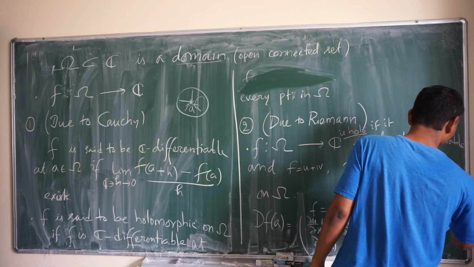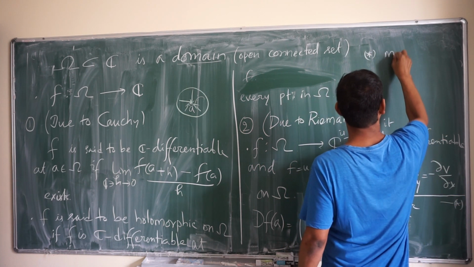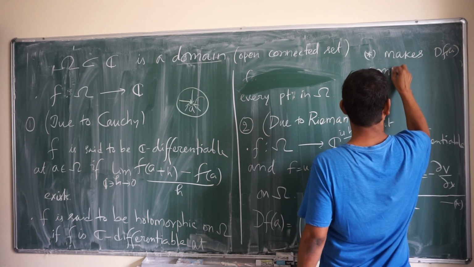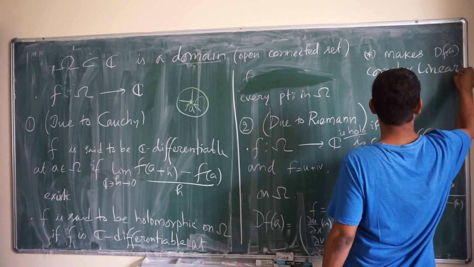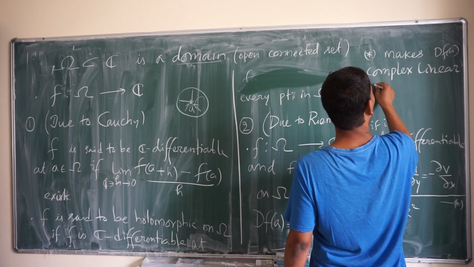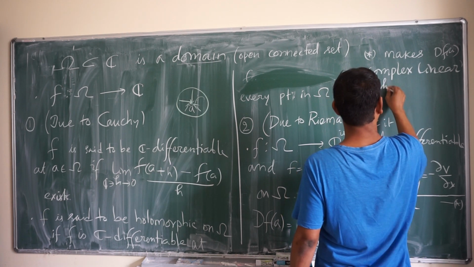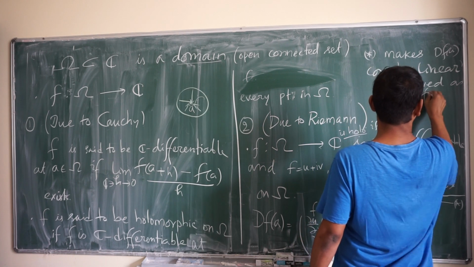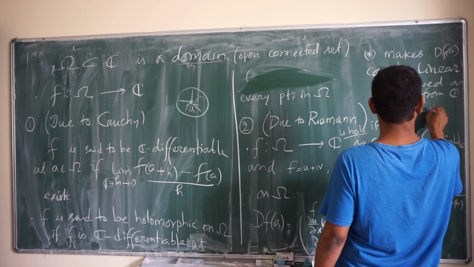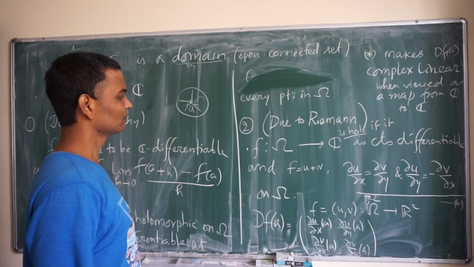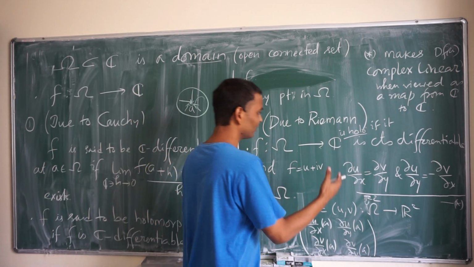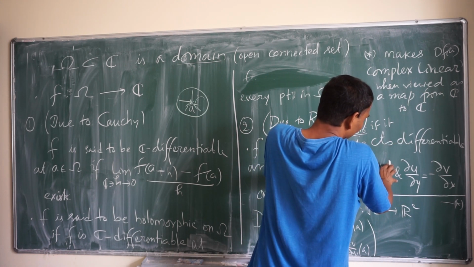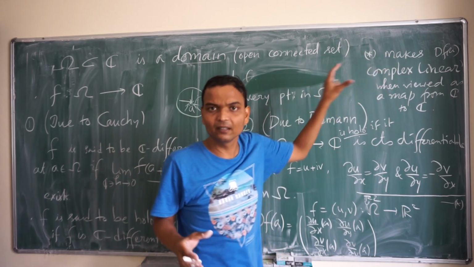So this system, star, makes df at a complex linear, when viewed as a map from C to C. So this was a real linear map, and what Riemann has imposed, a system of partial differential equations, makes the derivative complex linear.